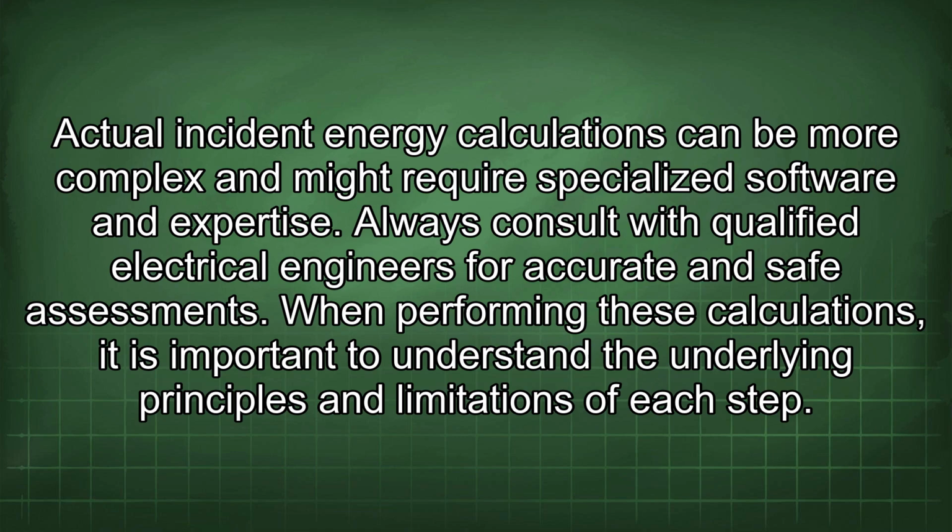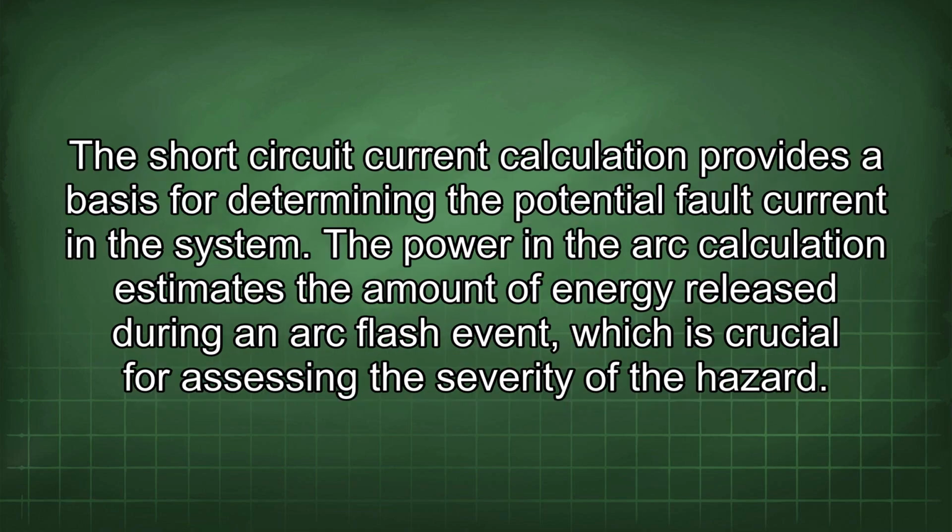When performing these calculations, it is important to understand the underlying principles and limitations of each step. The short-circuit current calculation provides a basis for determining the potential fault current in the system. The power in the arc calculation estimates the amount of energy released during an arc flash event, which is crucial for assessing the severity of the hazard.